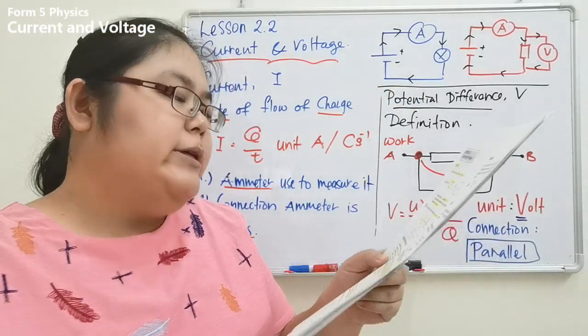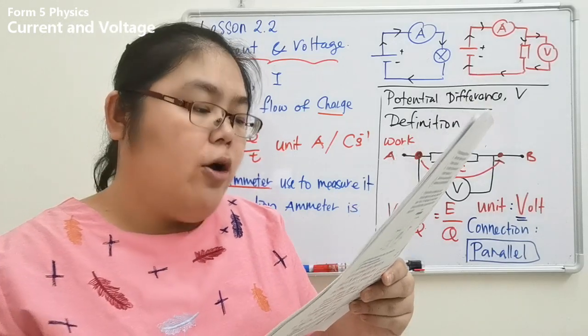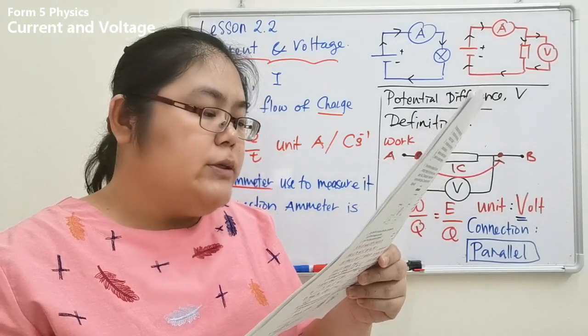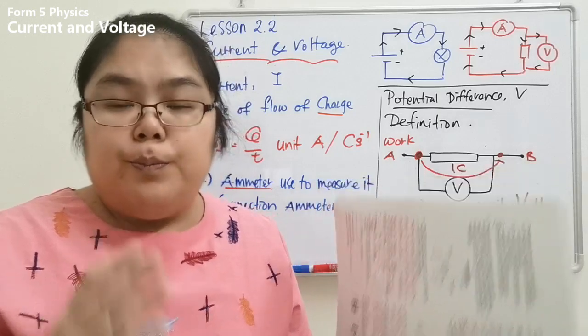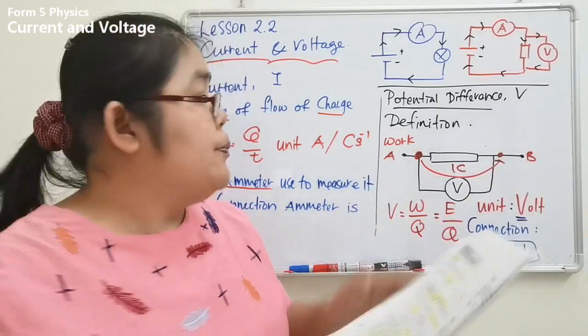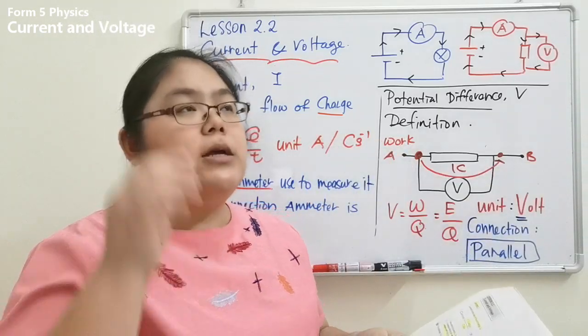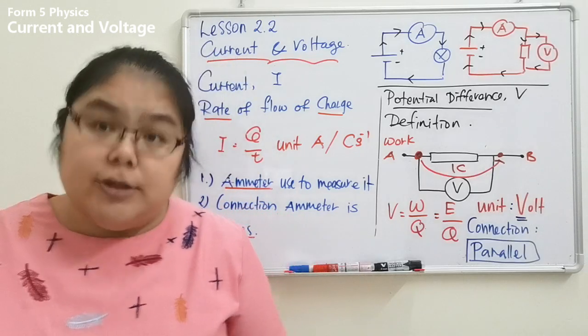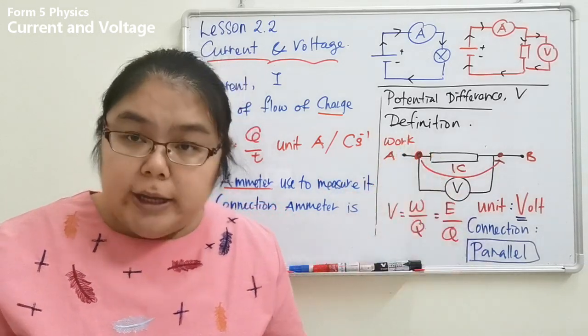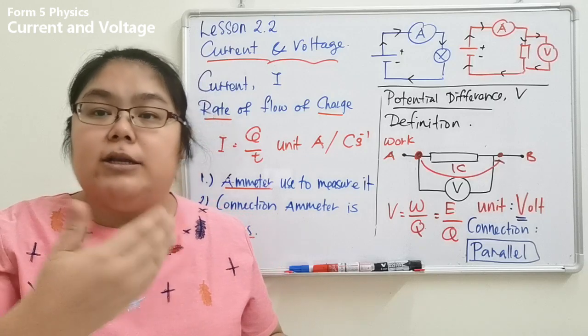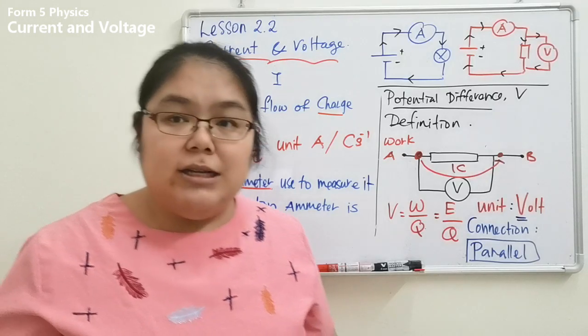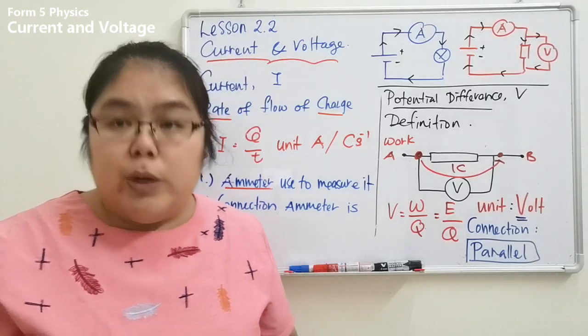Okay, number 2, the energy to move the electron, or you say to produce a current, we call what? Voltage, or you say potential difference. So that's why the battery actually has a function. The battery, when you just put it, okay, they produce the energy, electrical energy. After that, electrical energy has a function.